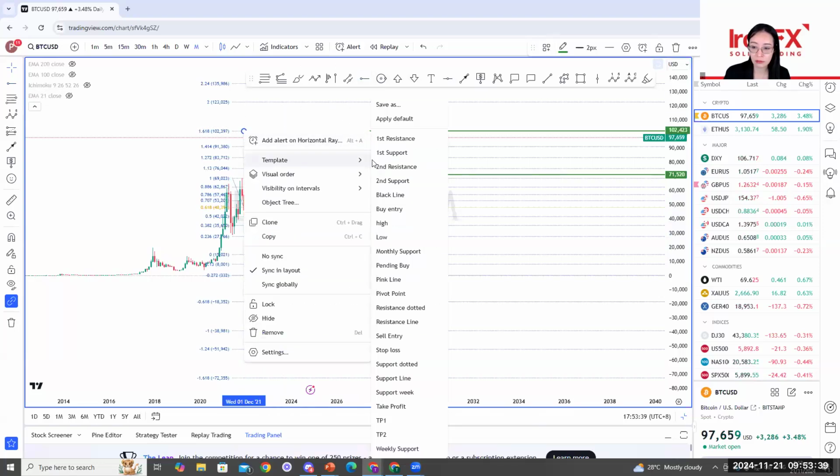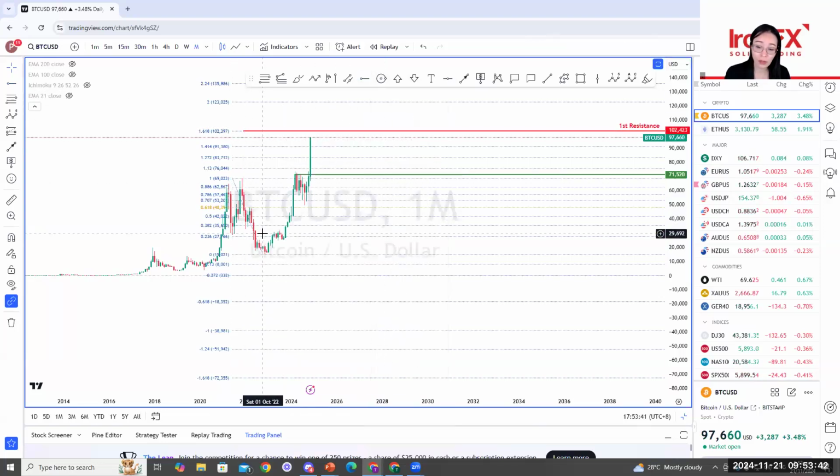Potential is here for monthly time frame.